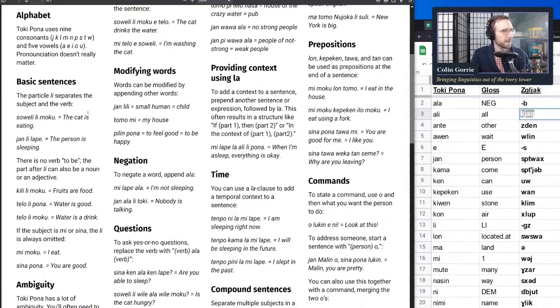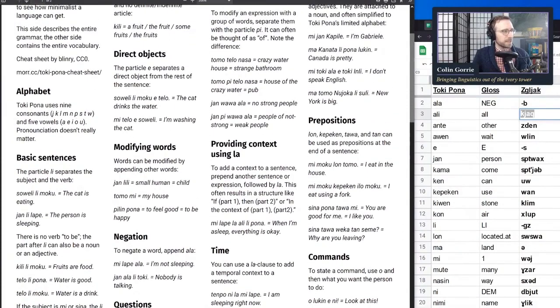And then we also have this particle e, which separates the direct object from the rest of the sentence. So this seems to me like an accusative case marker. But if that's an accusative case marker, it goes before the direct object noun phrase. And then this li goes after the subject, which to me seems like you would have either all your case markers before or all after. There may be some exceptions to that. I don't know.